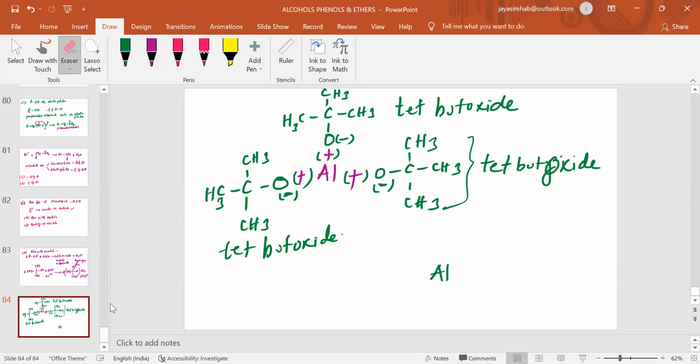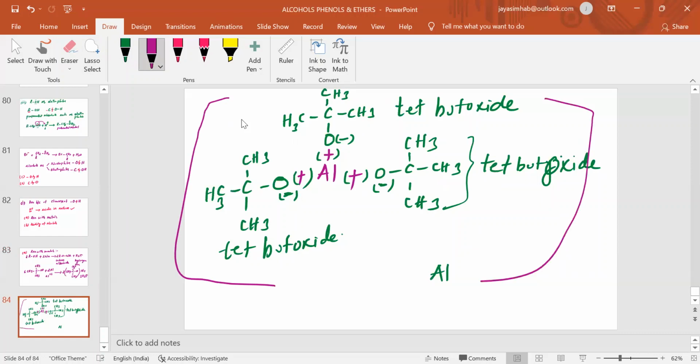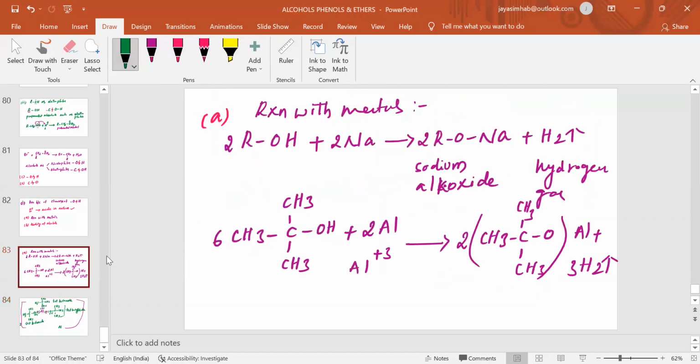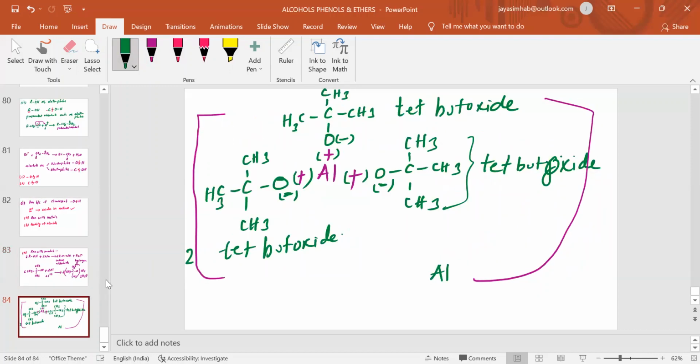These types of structures we have written 2. This is the meaning here: 2 means 2 tert-butoxide attached to aluminum, so this entire structure is twice repeated. Understand now?